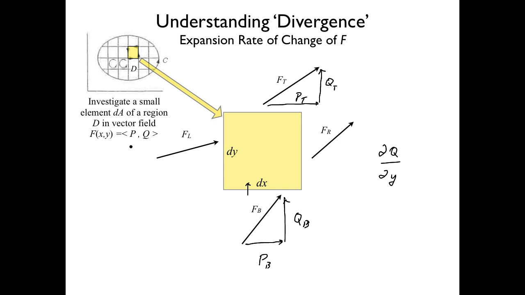Y component, right? P is the X component, Q is the Y component. So look, you take the Y, it's so easy, right? You take the Y component of the vector and take its partial with respect to Y. So the change in the amount of Y in the Y direction is going to give you an amount of either stretching, expansion, or compression, contraction.